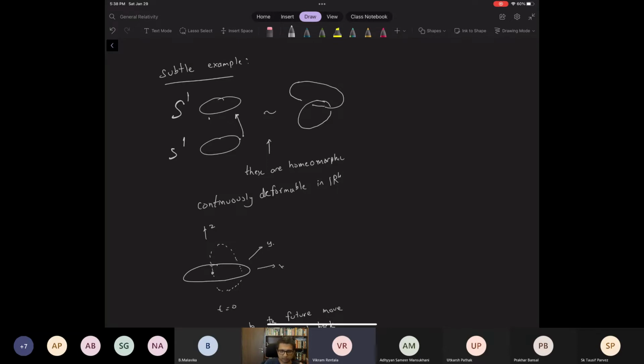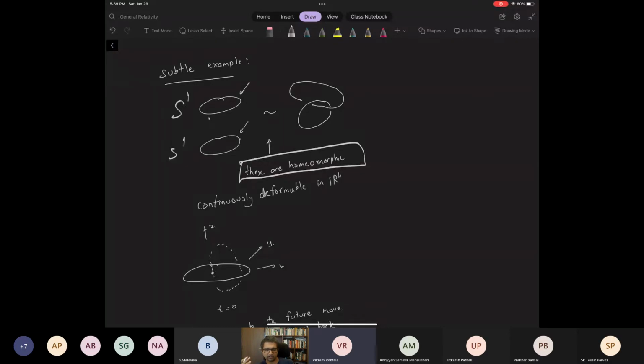But surprisingly, if you go with the rigorous definition of what is homeomorphic, you'd find that yes, these are homeomorphic to each other. Intuitively, the fact that they don't look homeomorphic is actually a subtlety, because these circles are individually topological spaces, right?